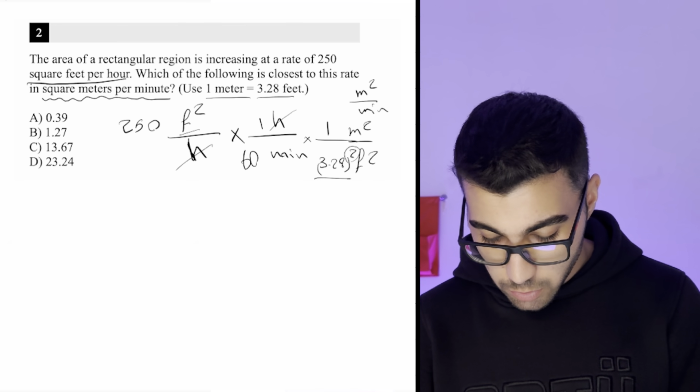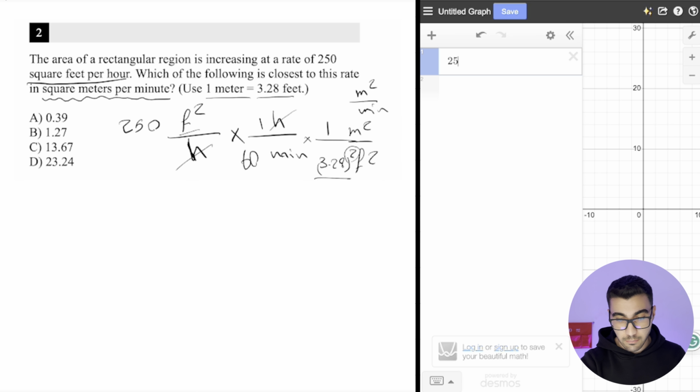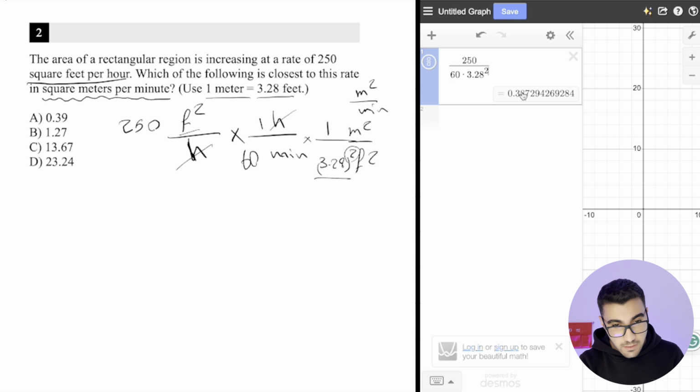Now we just need to do multiplication, so I'm going to use decimals here. 250 divided by 60 times 3.28 squared, right? This is what we get, 0.38, which is close to 0.39. So it's going to be answer choice A.